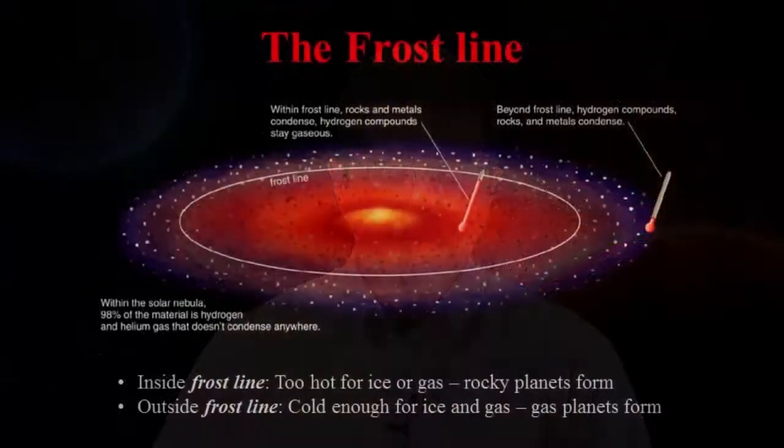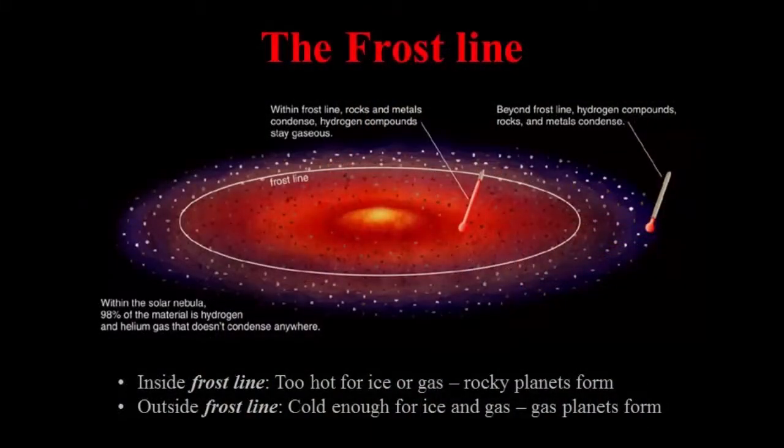Outside that distance, though, it would be cold enough for the gas and ice to survive, and as a result, you could easily build planets of gas and ice. So we see in our diagram here the frost line. This is that distance from the young sun, kind of a demarcation, so to speak, where you get either rocky bodies or gaseous icy bodies.